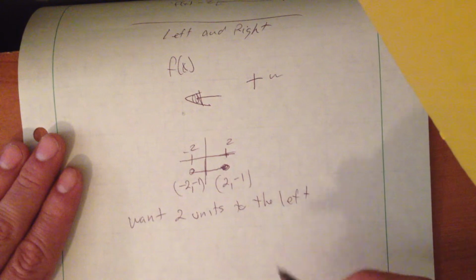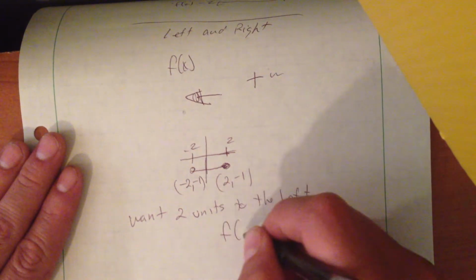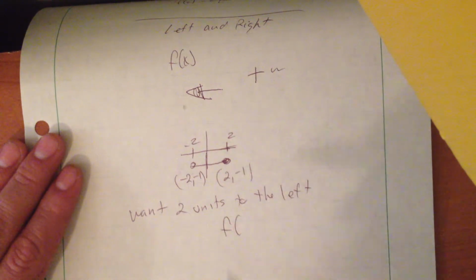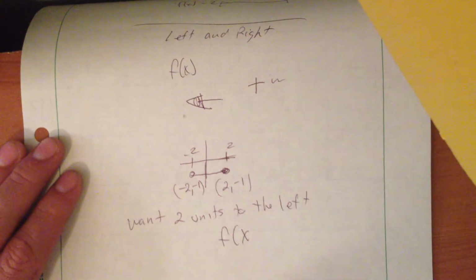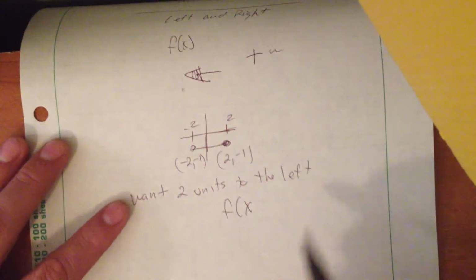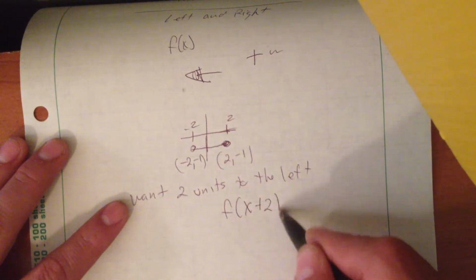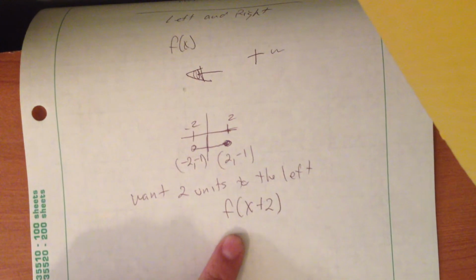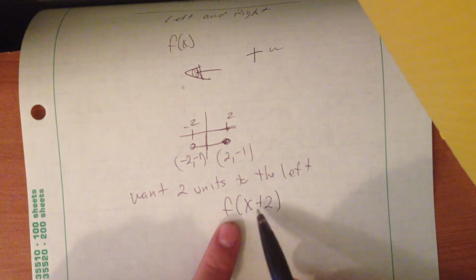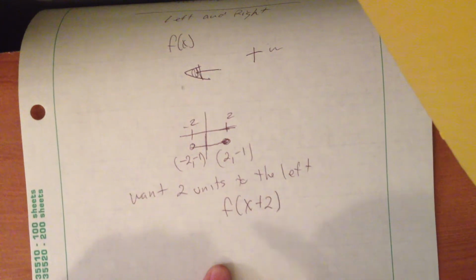So that means for f of x, to the left, you have to remember you add whatever units you want. So you add 2, and f of x looks like that now. That says f of x is going to go left 2.